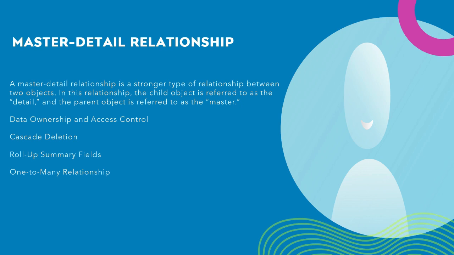Okay. And you can see the cascade deletion. This one. Cascade deletion means, as I told you, this is a stronger relationship. The lookup relationship is a weaker relationship and master detail is a stronger relationship. Cascade deletion means if you delete any parent record in the parent object or the master object, the associated child record will get deleted automatically.